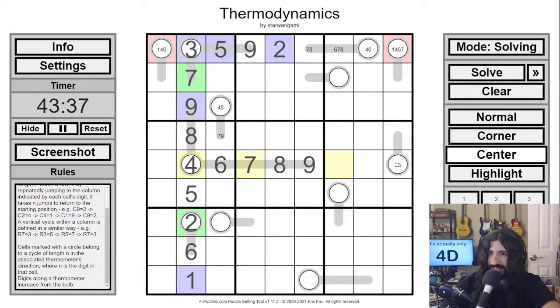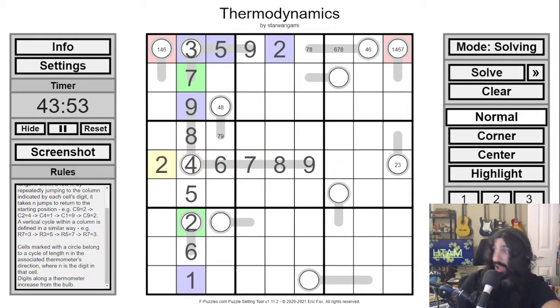It can't be this guy, because then this would have to be a 9. The 2 can't be here because then 8 would have to be in the cycle. The 2 can't be here because it would have to be a 3 cycle. So this is a 2.